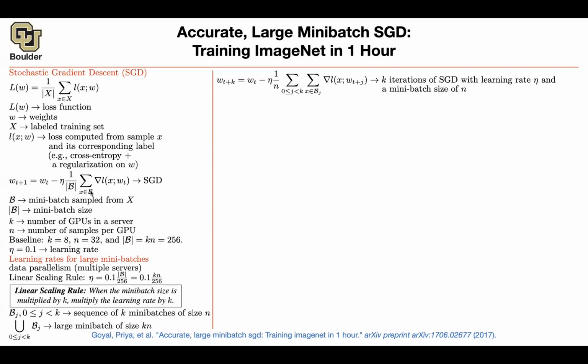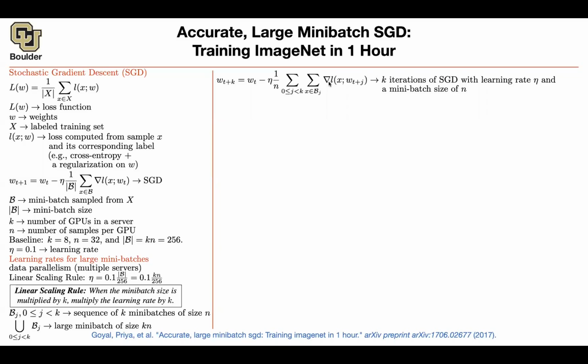The second step, you're going to see your second mini batch, and then you're going to update your W to be W at t plus 2, which is W_t minus your learning rate, times the size of your mini batch, which is 1 over n, and then you're doing a summation over your first mini batch, second mini batch.